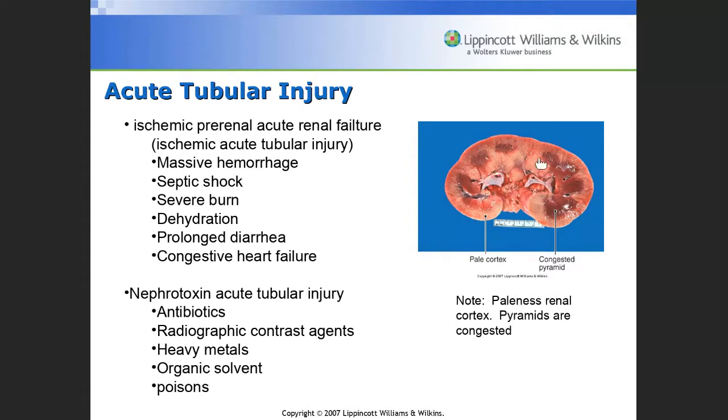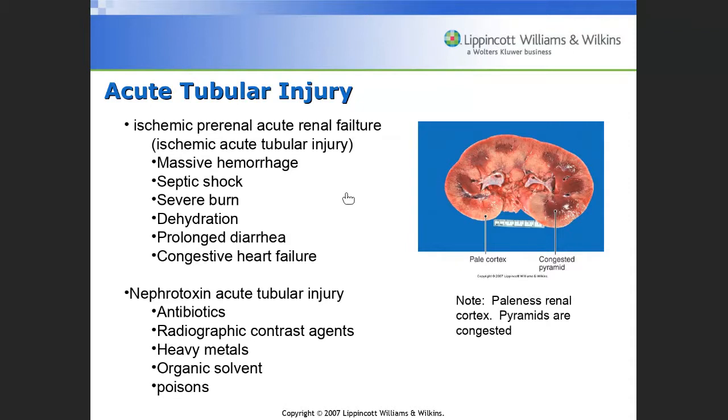Essentially what you see here is that the injury of the renal tubule causes the sloughing of the cells of the renal tubule.